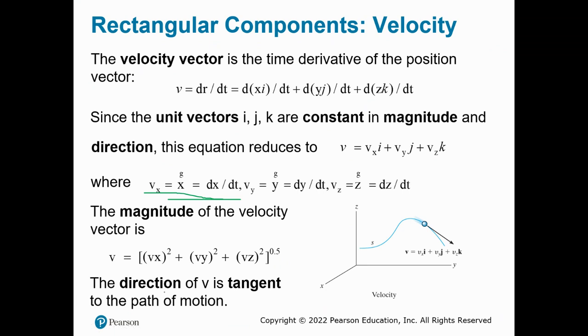Keep going. Taking the first derivative of the position in the y direction gives me vy. And the position in the z direction gives me vz, the velocity in the z direction.